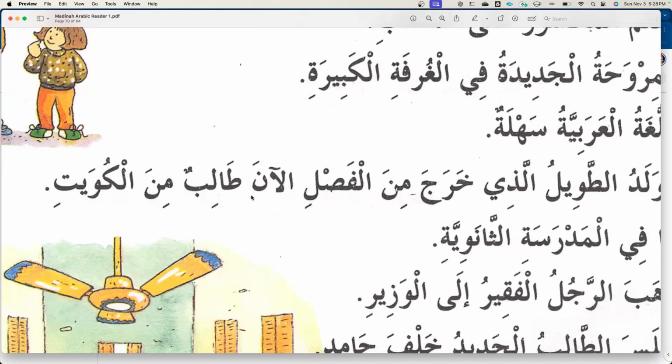How do you know the predicate started? Because you see the damma tanween, the marfu noun. That's how you know it started.